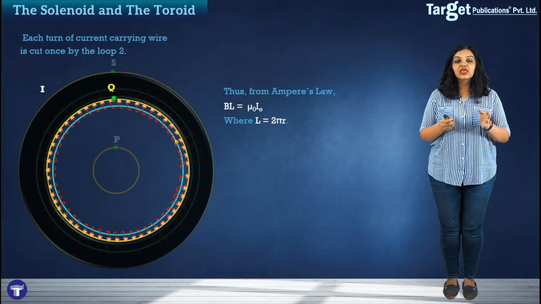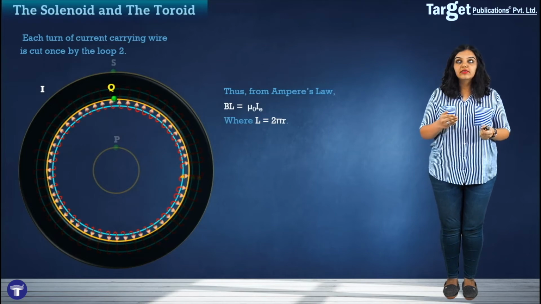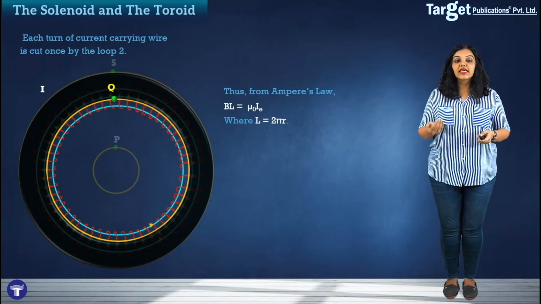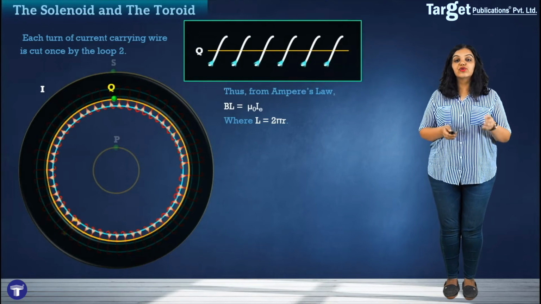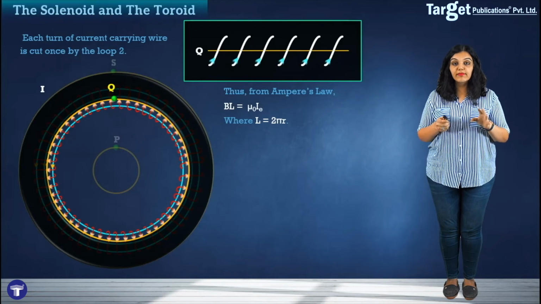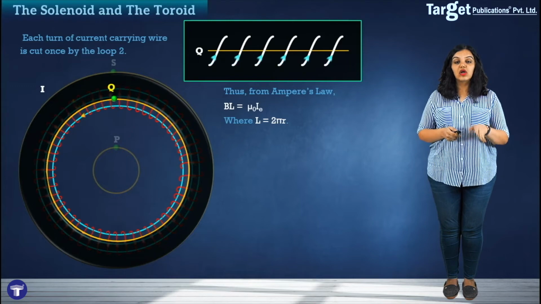You'll see that each turn of the current carrying loop is cut once by the loop 2, because only one direction of the current is being cut by the surface. The other direction is not included in our Amperian loop 2, and therefore in this case you can see that the current will be cut through the surface, and therefore there will be some answer to IE. It's not getting cancelled, it's not going to go to 0.